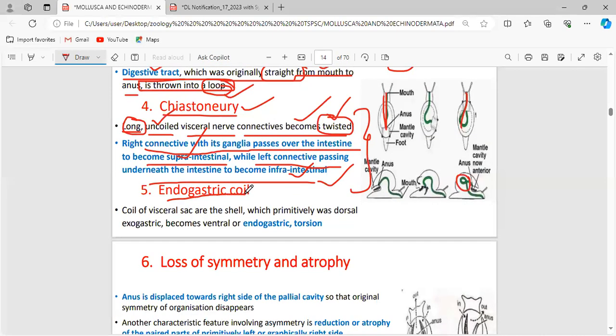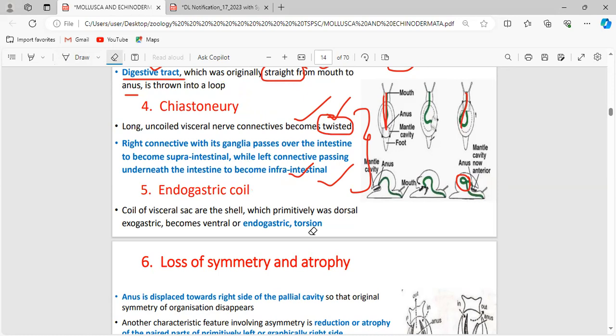Now, endogastric coil. You should remember what is endogastric and what is exogastric. The coil of the visceral sac or the shell was primitively dorsal, exogastric. I have said coiling is one of the steps which happens in torsion.